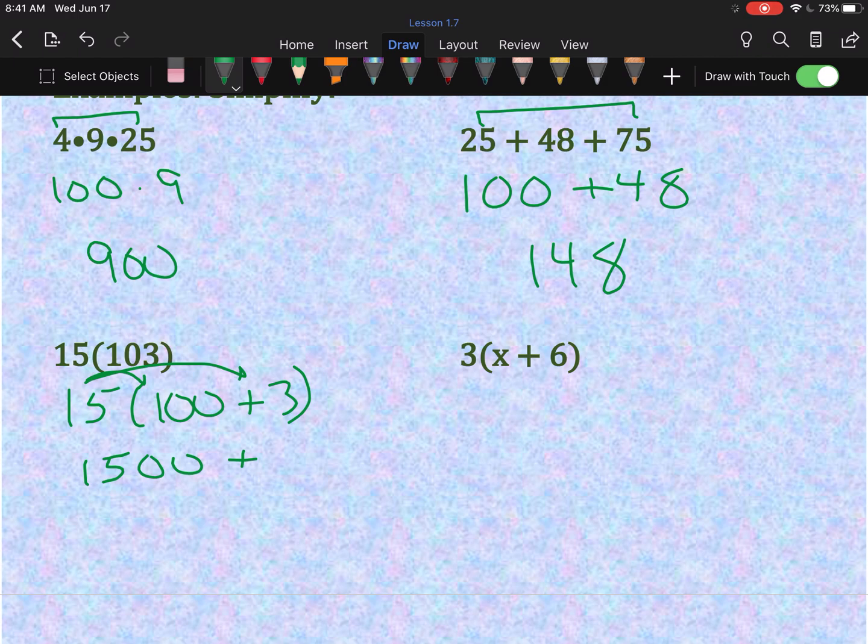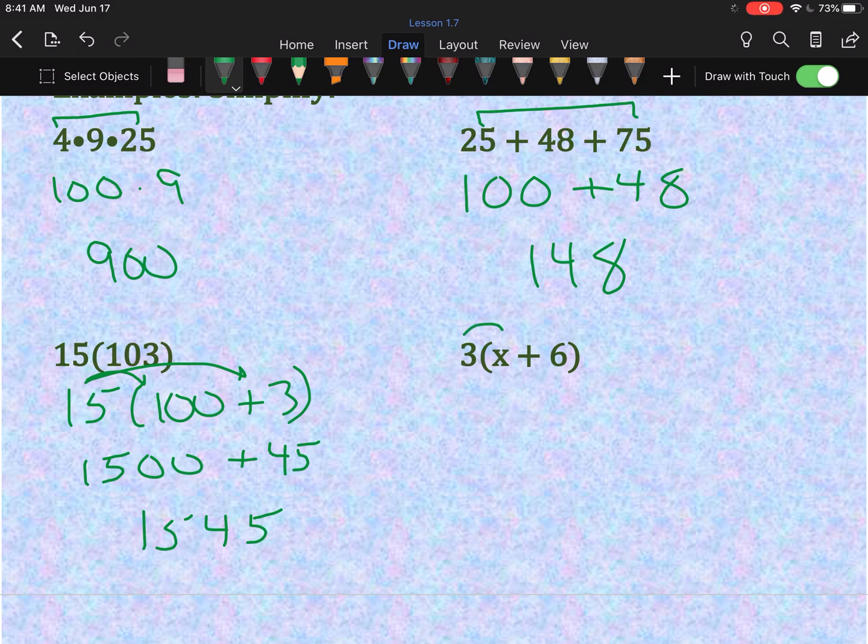Add the two zeros. 15 times 3, I hope we all know, is 45. 1,500 plus 45 is 1,545. It's about working smarter, not harder. You can absolutely write 103 times 15, work it all out, get 1,545. I don't care. I'm just trying to save you time.